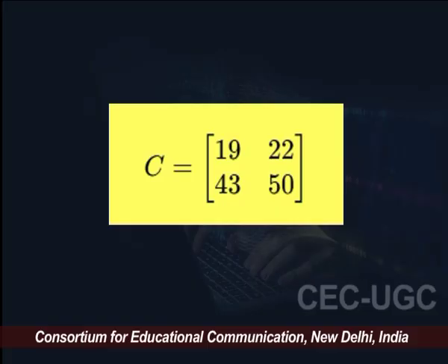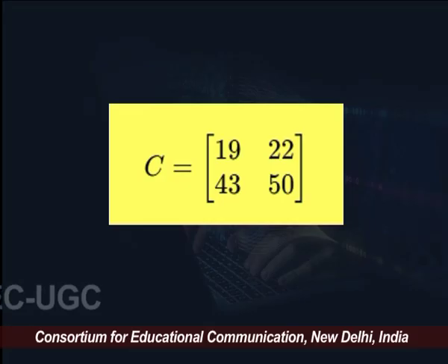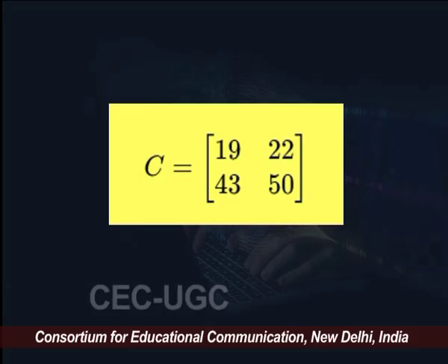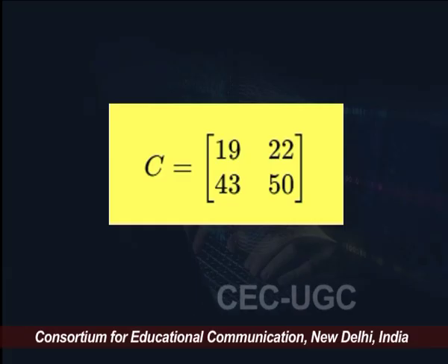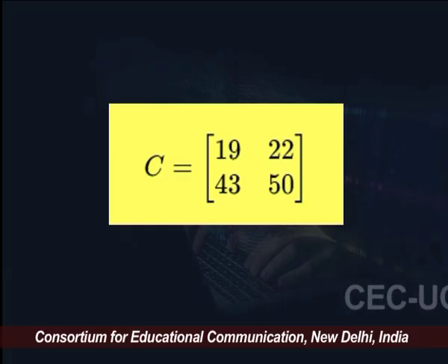Finally, C is 19 and 22 in the first row and 43 and 50 in the second row, which is exactly the same result we obtained using the naive matrix multiplication.